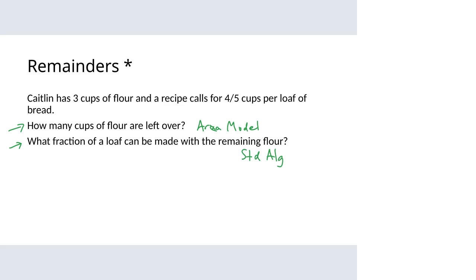And the key here, what we're really zeroing in on is, if we solve this one way, we get a remainder that's different than if we solve it the other way. And because of that, it's important to know what those remainders represent.